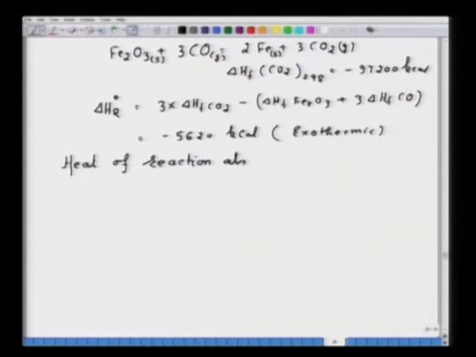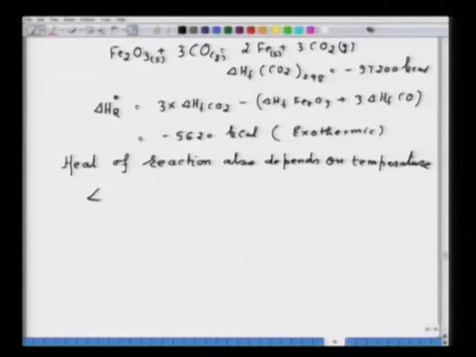It is the temperature of the reactants as well as the temperature of the products.